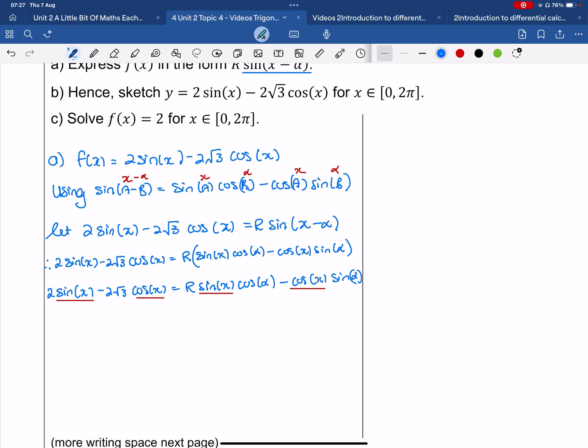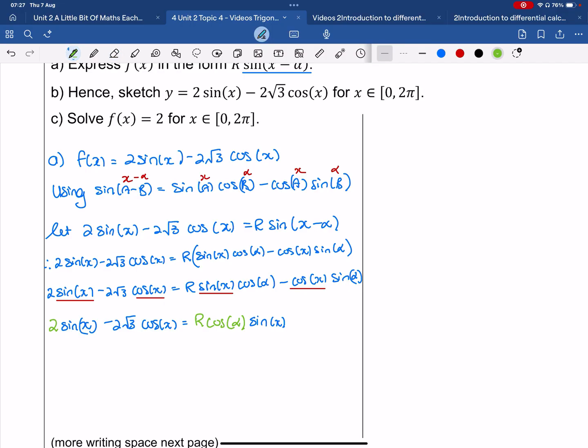If I just rearrange things a little bit differently, I can have 2 sine of x minus 2 root 3 cos of x is equal to r cos of alpha times sine of x, and maybe I want to put this 2 in that same color.